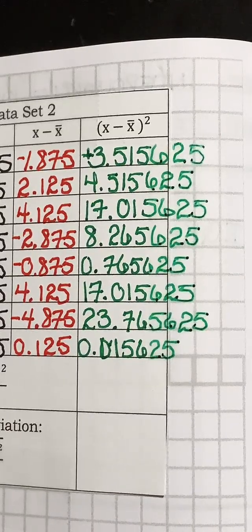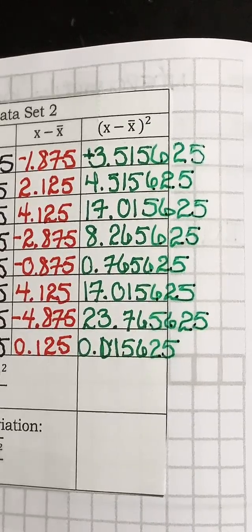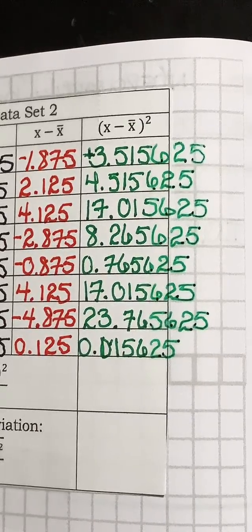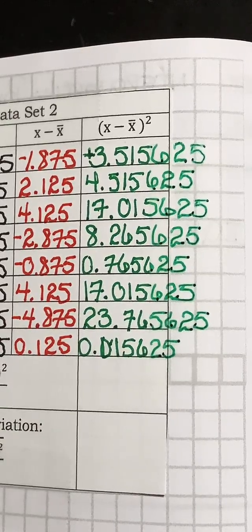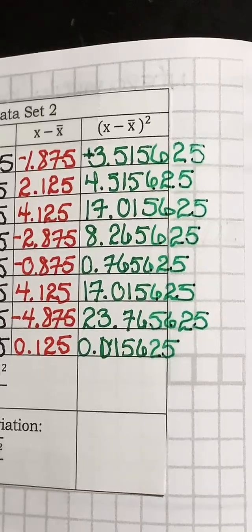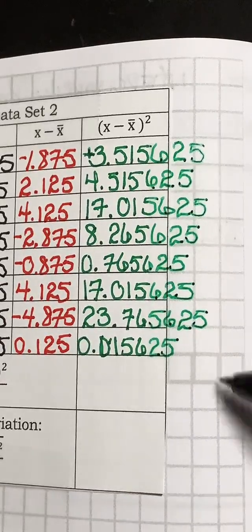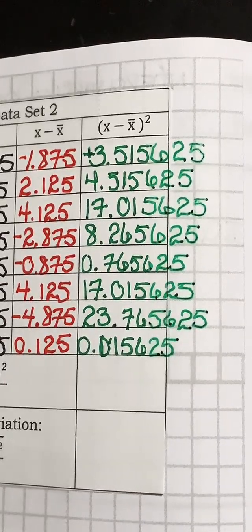When you square it, I forgot to put parentheses. So when you square a number, it turns positive. So you shouldn't have any negatives here at all.